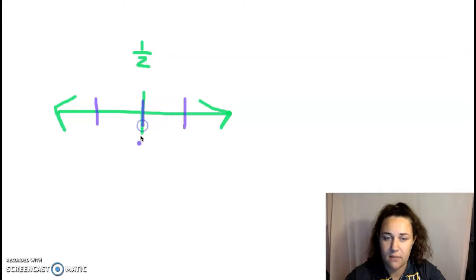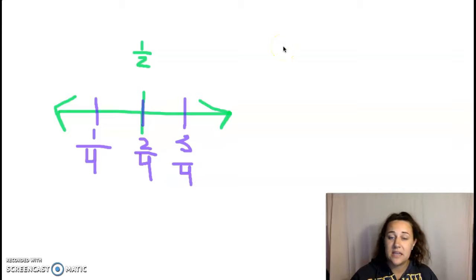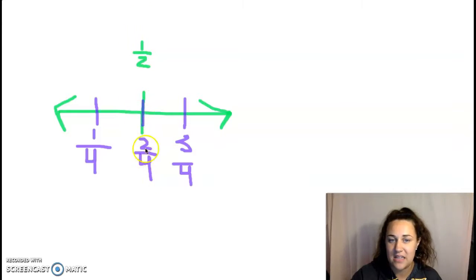It's still here, right? So out of 4, my first line becomes 1/4, or 1 out of 4. 2 fourths, and then 3 fourths. So now I can see that 1/2 and 2/4 are on the same exact line.